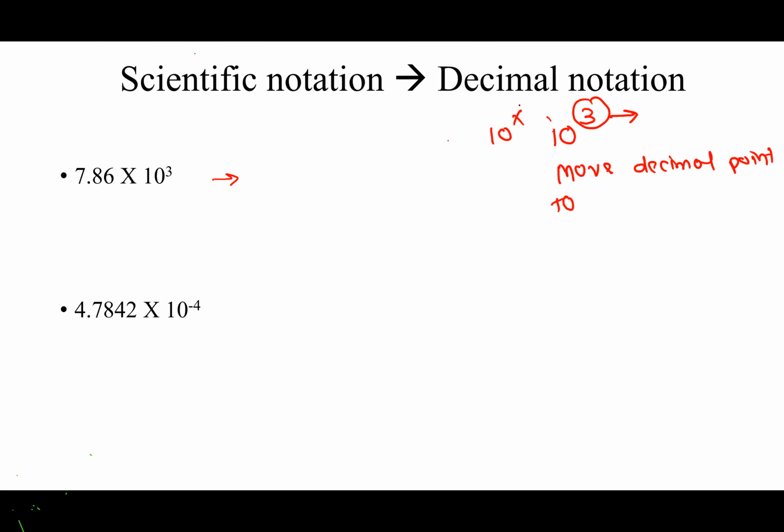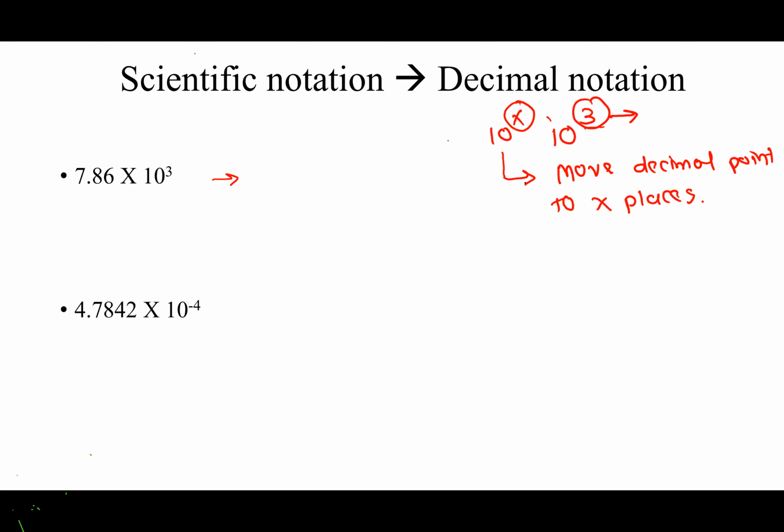If it's x, move the decimal point x places. If you have 10 to the power of 3, you're going to move your decimal point 3 places. If you have 10 to the power of 5, you move it 5 places. If you have 15, you move it 15 places. I'm just going to represent it generally as 10 to the power of x. If it's x, it means you have to move x times.